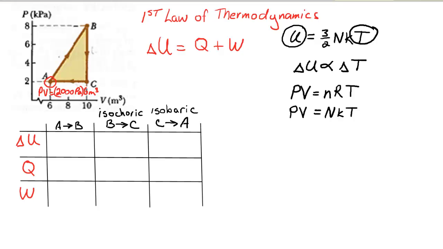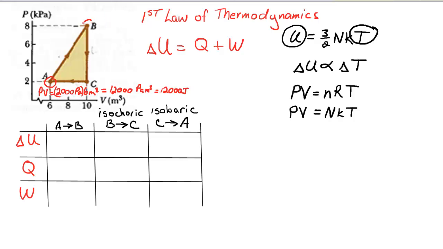Pascals and meters cubed go together. And when I do that, I end up getting 12,000 pascal meters cubed, which we know as the joule. So that's my internal energy at location A.